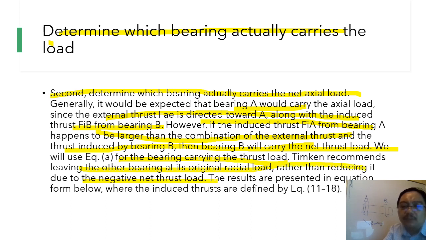What does that mean? In the last slide, I told you, when you are inserting the shaft, there are two places where you want to insert.